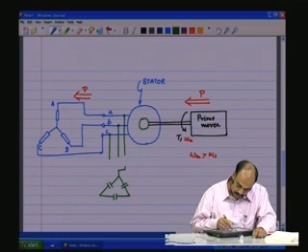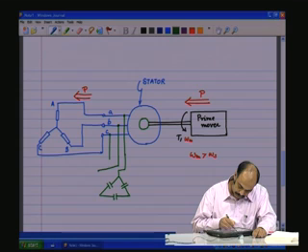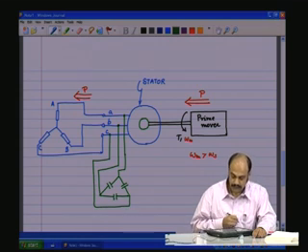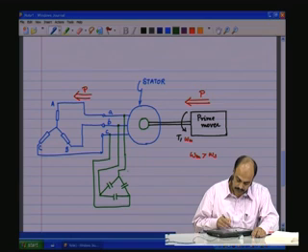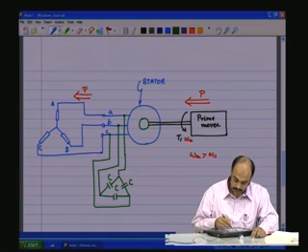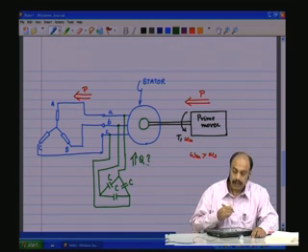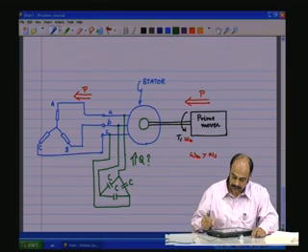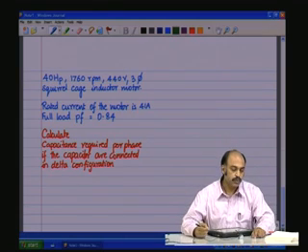So it is in the delta mode. These are the C's that we need to calculate and evaluate how much is going to flow. For that we need to evaluate what is the reactive energy that the capacitor needs to supply.